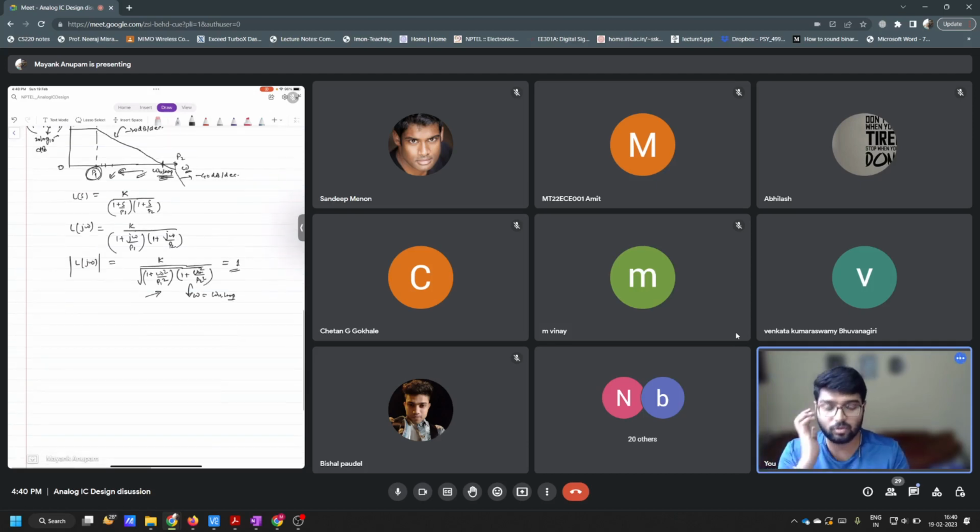So you can assume that omega U loop is much greater than P1. Then P1 divided by omega U loop will be much less than 1. Don't write it this way. Omega U loop divided by P1 will be much greater than 1, right?